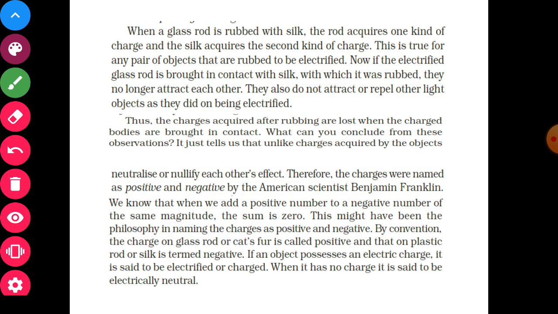We know that when we add a positive number to a negative number of the same magnitude, the sum is 0.